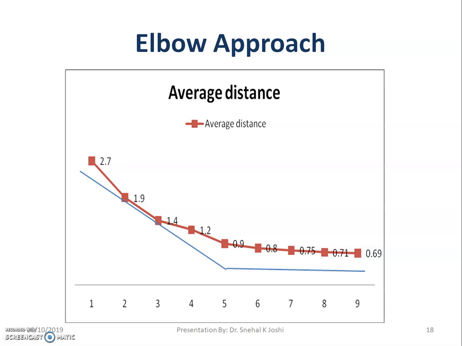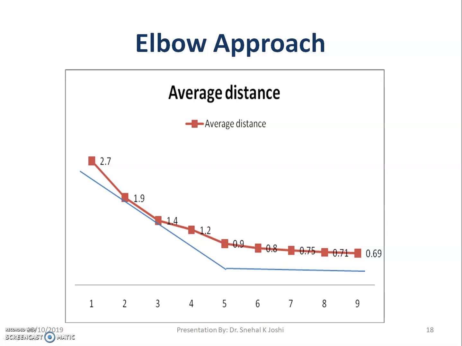If you look at the graph where the x-axis is representing the value of k and y is the average error or distance from each data point to the cluster centroid. With an increase in the value of k, that means clusters, the average error decreases, but after a certain point the decrease is very slow and almost steady.